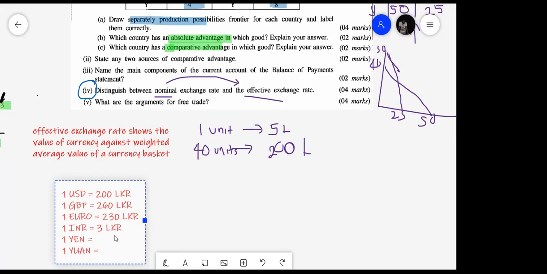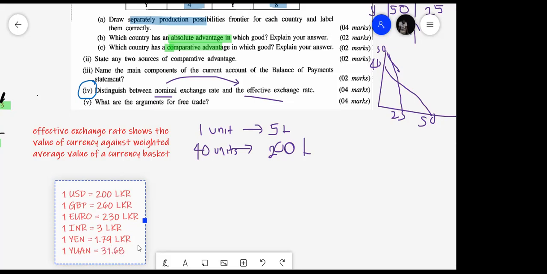In LKR, yen is 1.79. Okay. This one, the Chinese one, 31.68. Okay.